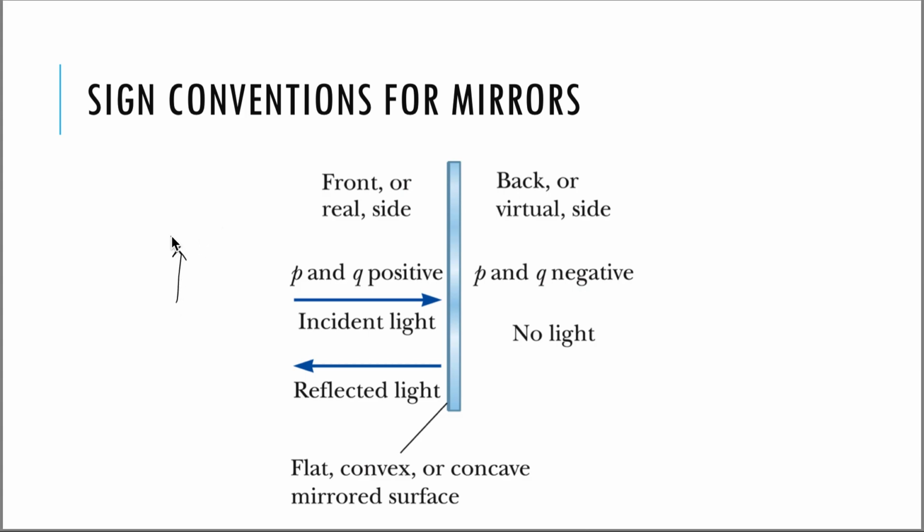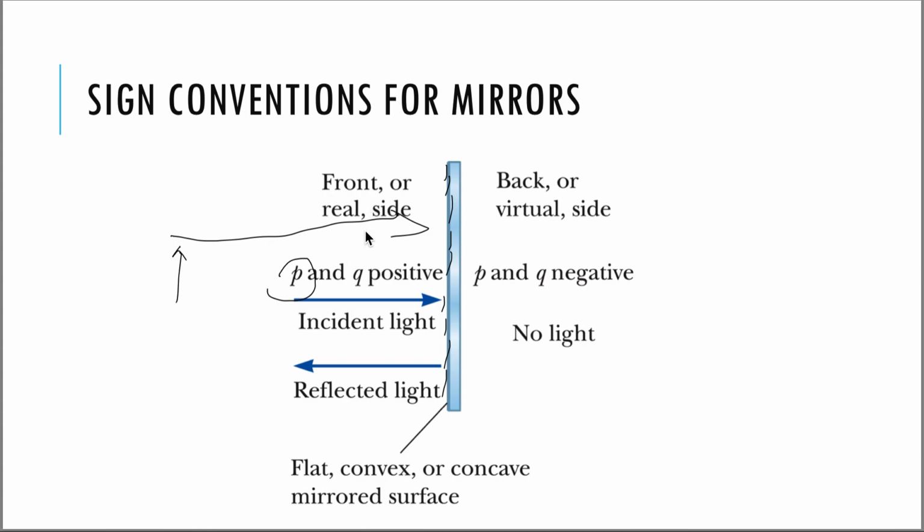The light is always coming from the left side. The reflective surface is right here where the light is reflecting. If your object is in front of the mirror, which we will never do a problem where it's in the back, that means p, the object distance, will always be a positive number.